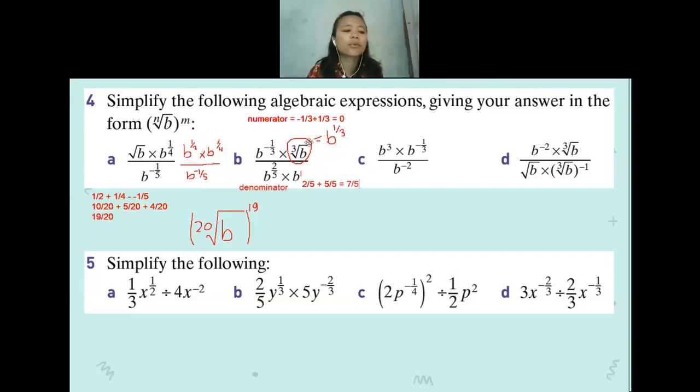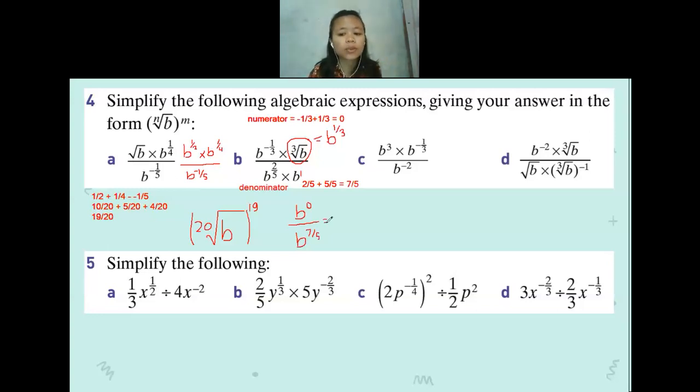So let me write it again. For the numerator, we will have b to the power of 0. For the denominator, we have b to the power of 7 per 5. B to the power of 0, it will be equals to what number?